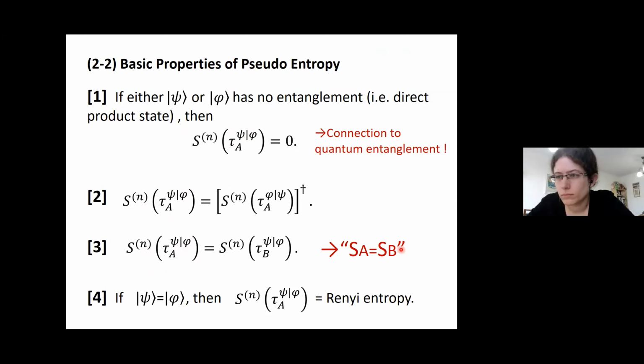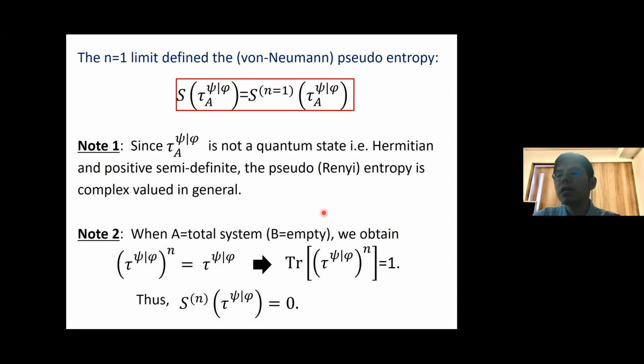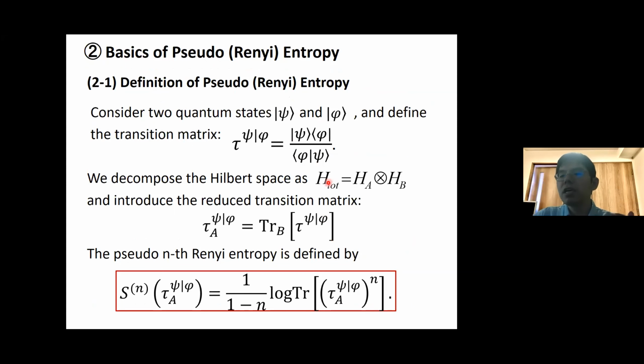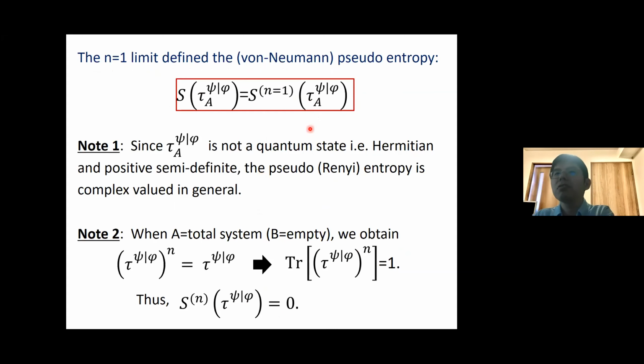And we also have some analog of S_A equals S_B, as in the previous question. We only focus on the pure state version of the transition matrix, so we always have some analog of the S_A equals S_B relation like this. And if psi and bar phi are the same, this is just the same as the standard entanglement entropy or linear entropy, the same reduced density matrix as usual, because we have a symmetric definition of this matrix.